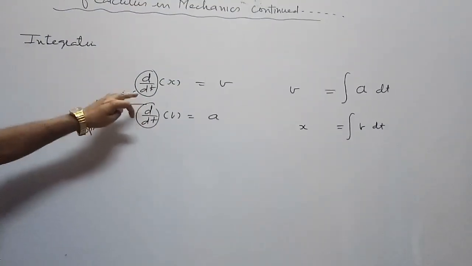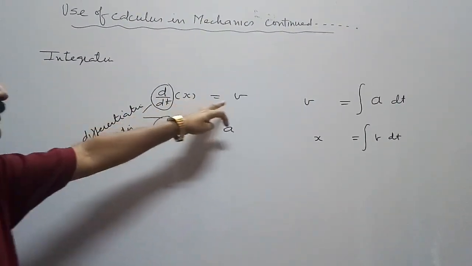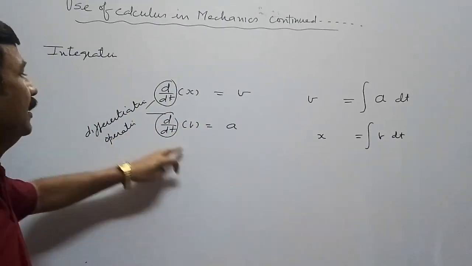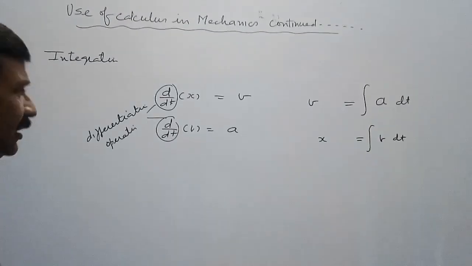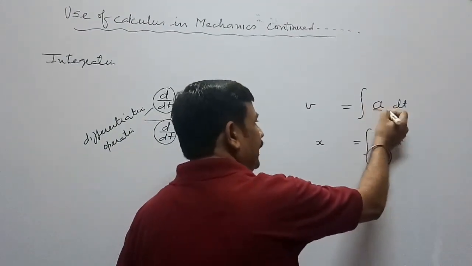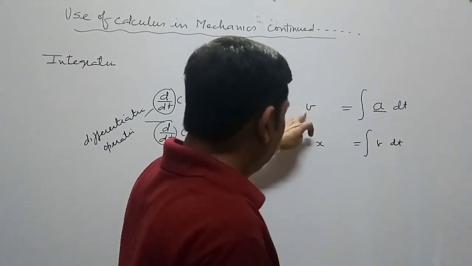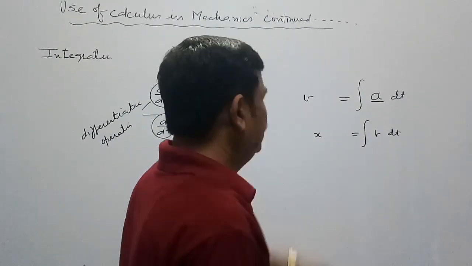Once again, when the differentiation operator is applied on distance, we get velocity. When it is applied on velocity, we get acceleration. Similarly, when the integration operator is applied on acceleration, we get velocity, and when applied on velocity, we get distance.